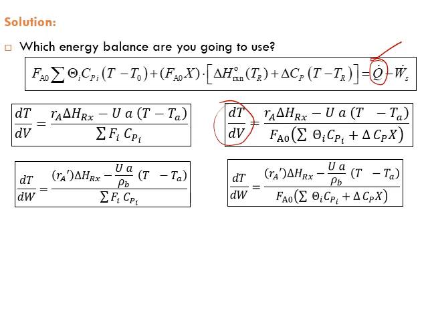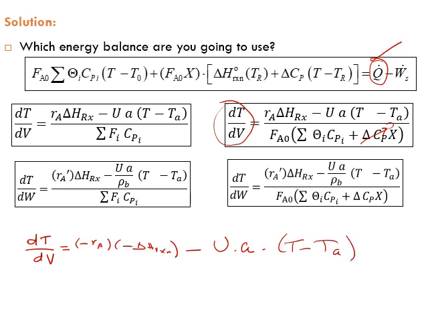We know that delta Cp is 0, so this goes to 0, and then we have dT/dV equals, I can write it as minus Ra because it's a positive value, minus delta H reaction, because it's also a positive value, but it did not change anything in the equation, minus U times A times (T minus Ta), where T is the temperature inside the reactor and Ta is the ambient temperature, which is constant, divided by FA naught times the summation of theta i Cpi.